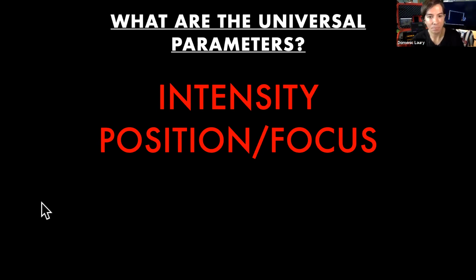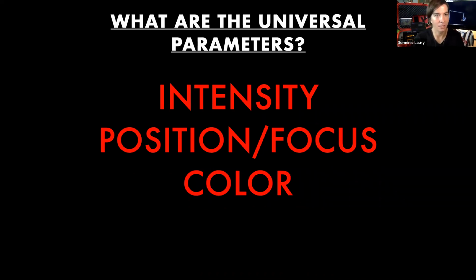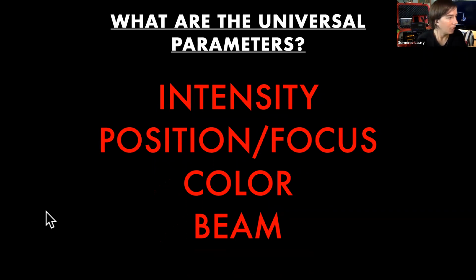And we also have color parameters, of course. That's common amongst all three consoles. And another one is beam. So in certain consoles that could define gobo or other types of parameters. Some consoles have the strobe function under beam, and these four are the most common.